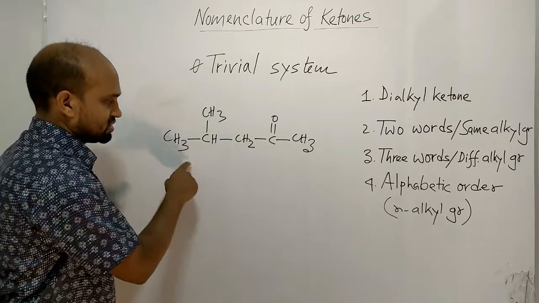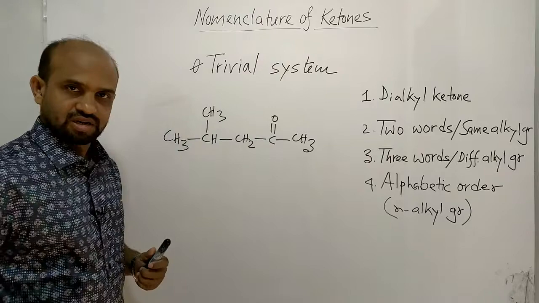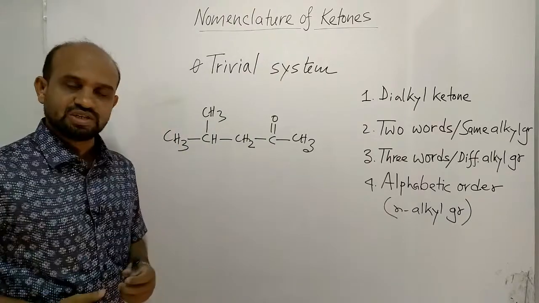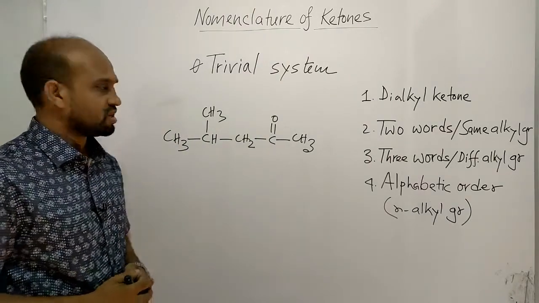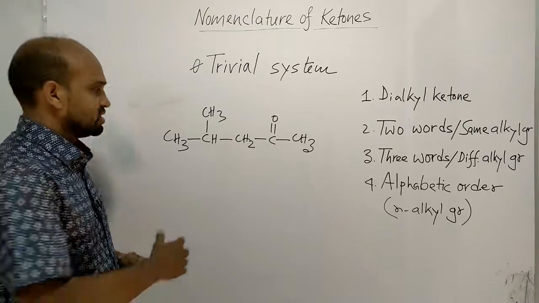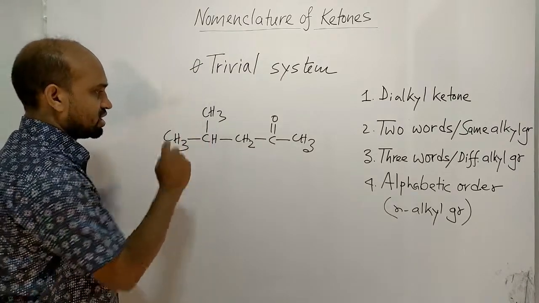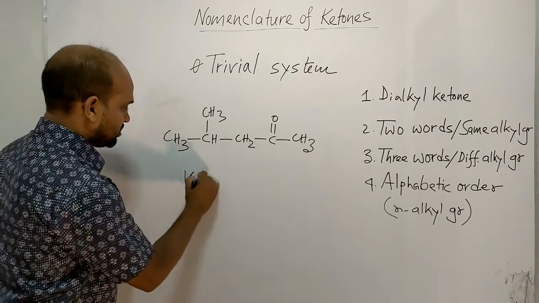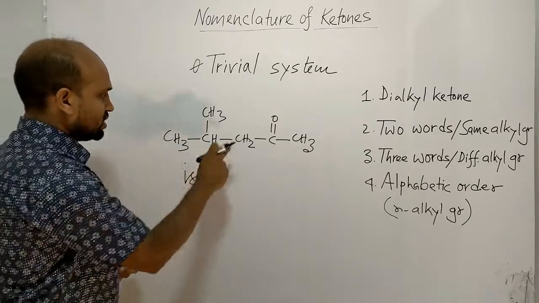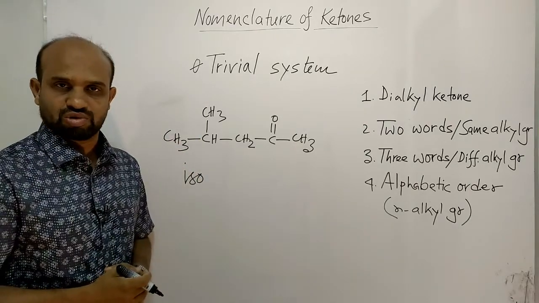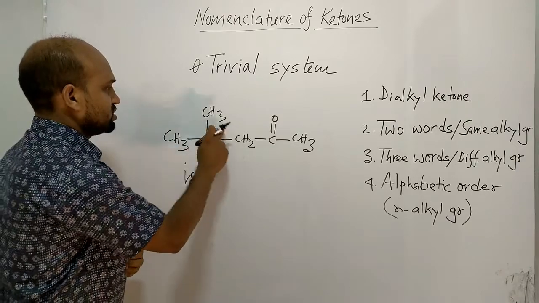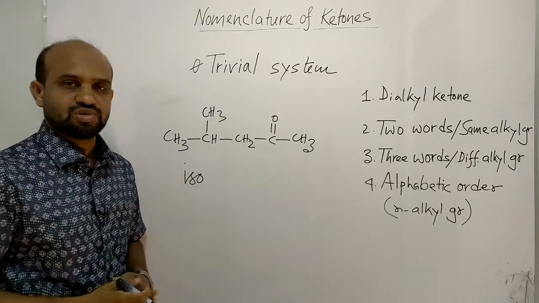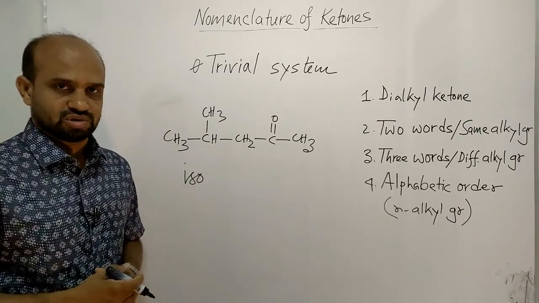The name of this compound is, here there are two alkyl groups. One alkyl group is this, another is methyl, and the name of this alkyl group is isobutyl. Second carbon carries one methyl group, so iso will come here. And how many carbon atoms? Total 4 carbon atoms. 1, 2, 3, 4. In trivial system, all the carbon atoms are counted.